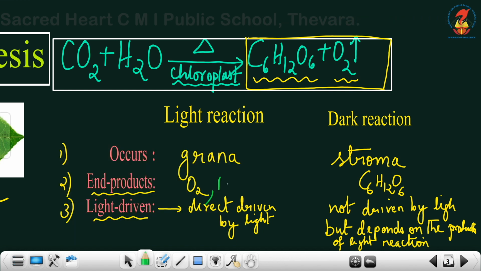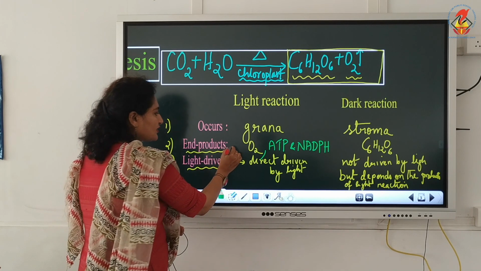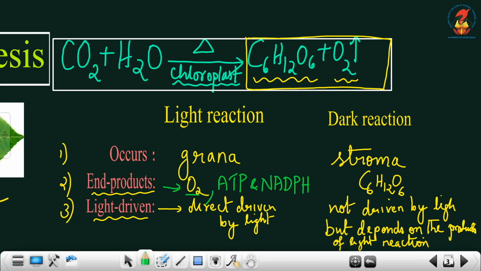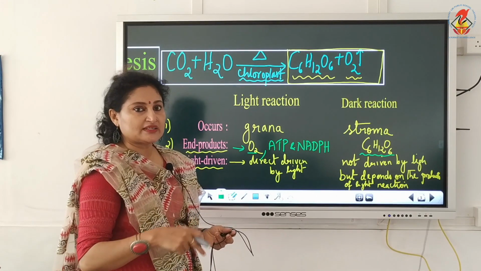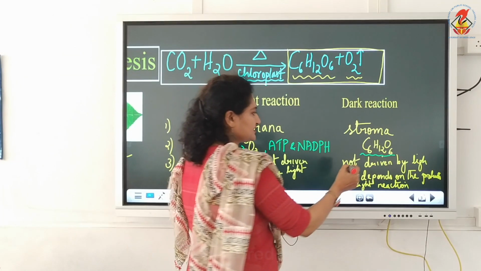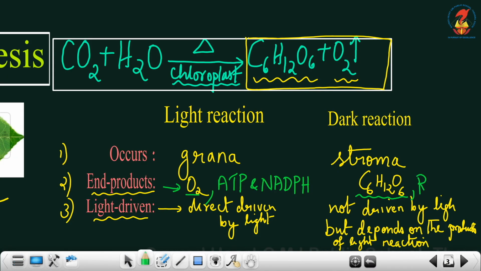Energy molecules like ATP and NADPH. So in light reaction, the end products not only include oxygen, it also includes the energy molecules ATP and NADPH. Whereas in dark reaction, we have glucose. And along with glucose, there is a substance that is also produced, but that is reused. It is regenerated and recycled and used. That is ribulose bisphosphate.